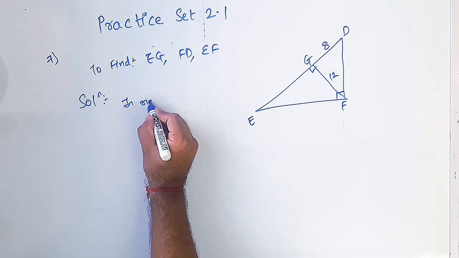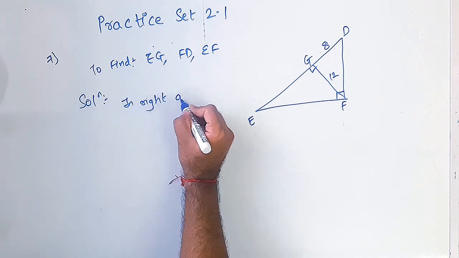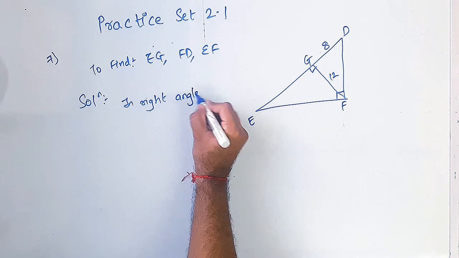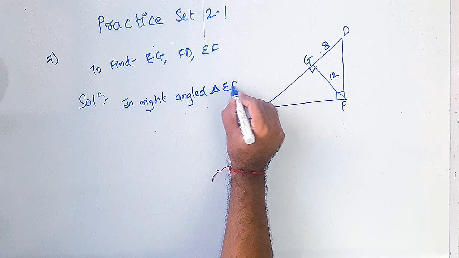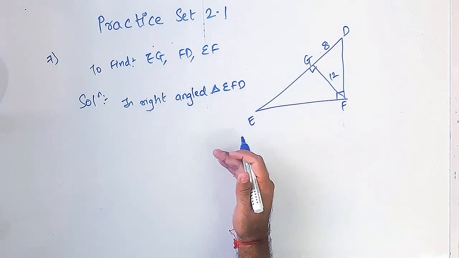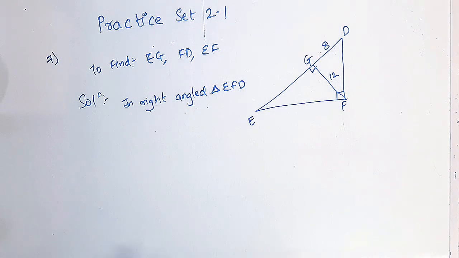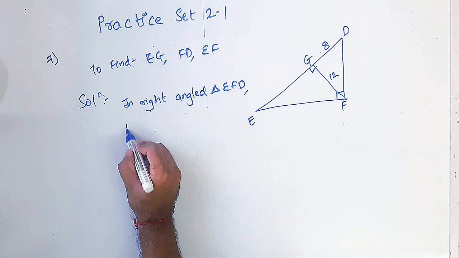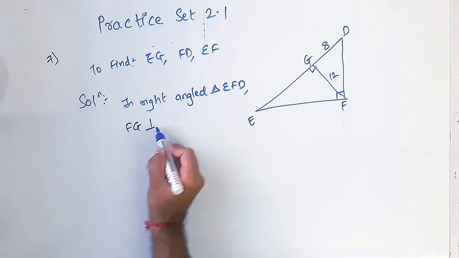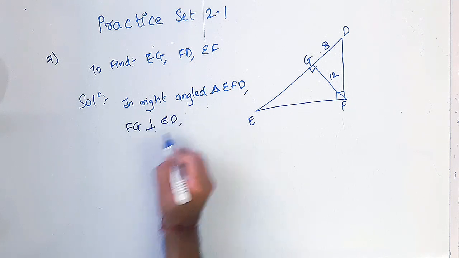In right angled triangle EFD, you can see FG is perpendicular to ED.